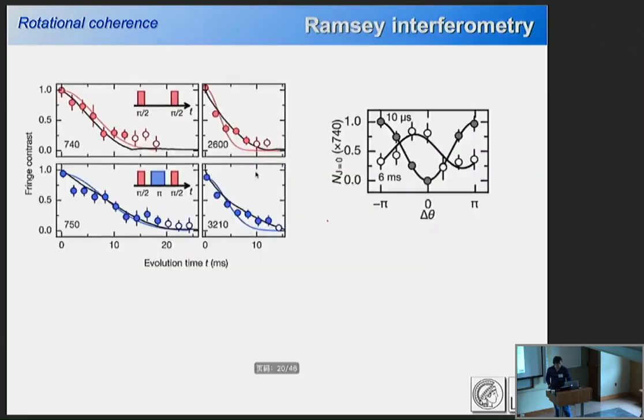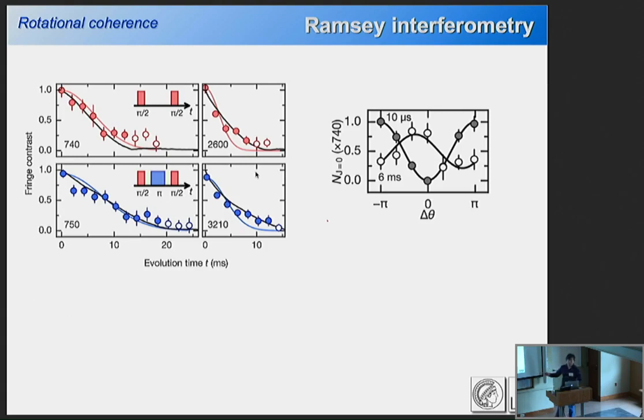Okay. And then we just measure this with this very stable electric field and cancel the differential light shift. We measure the rotational coherence by Ramsey interferometry. So we apply 2 half-pi pulses and let it evolve. When the evolution time is small, you see the contrast of the fringe is almost 100.